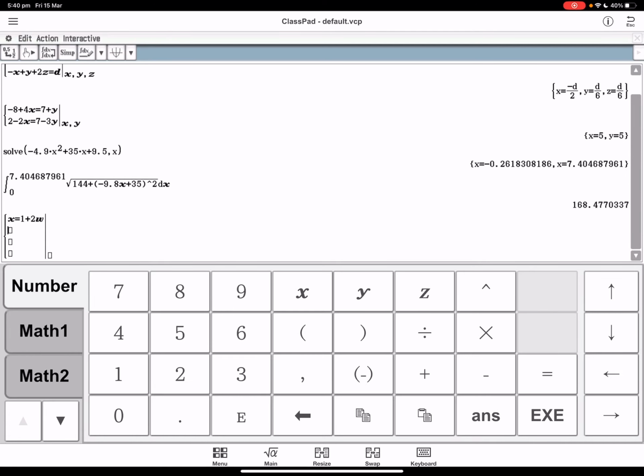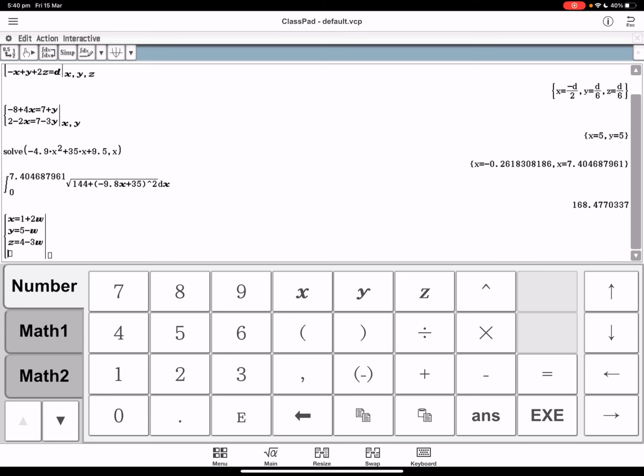Then we have y equals, what was the equation for our y? Y was equal to 5 take lambda, 5 take W. And then we had z equals 4 take 3 lambda. So 4 take away 3W.